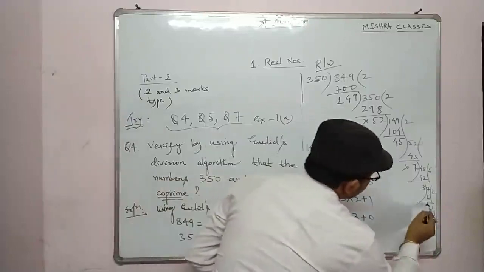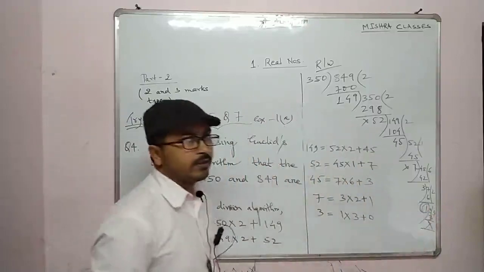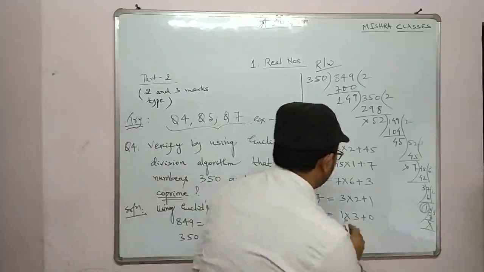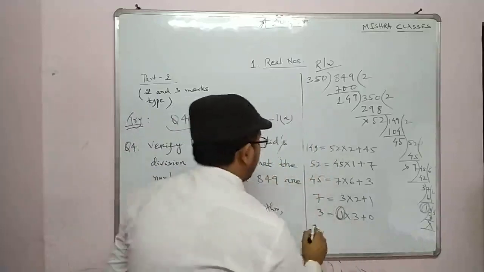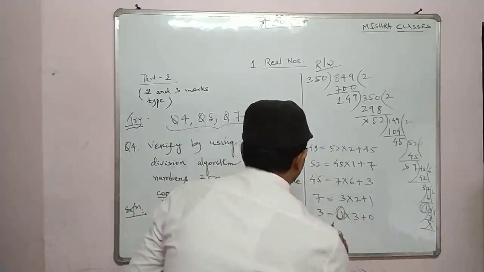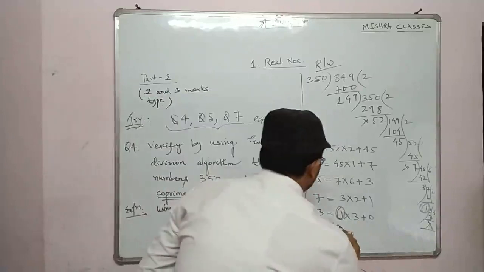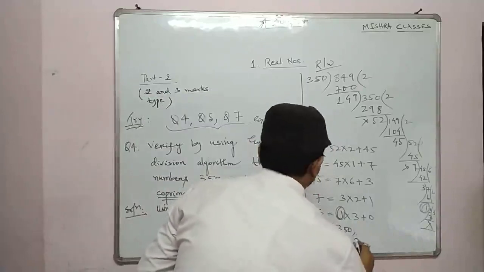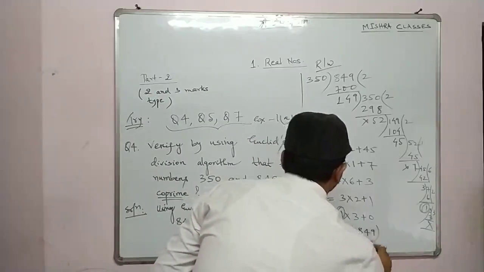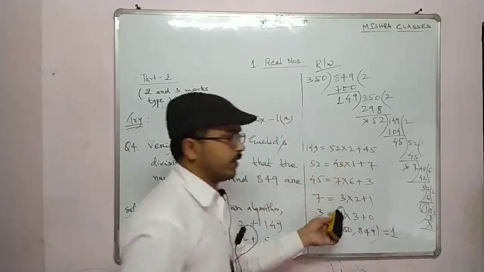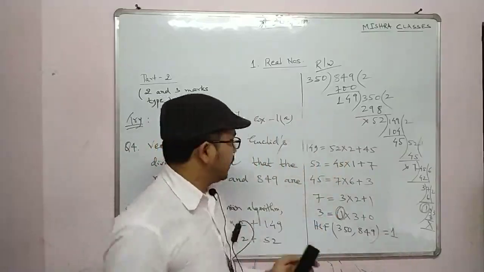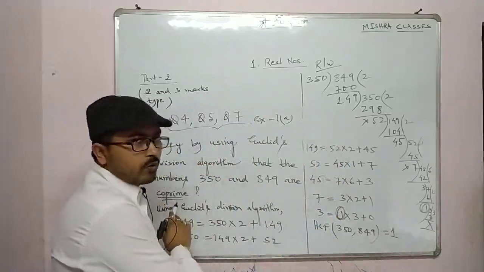What is our last divisor? Last divisor is 1. Is it clear? Last divisor is 1, that means this is our HCF. HCF of 350 and 849 equals 1. We are getting HCF is 1, that means they are co-prime.